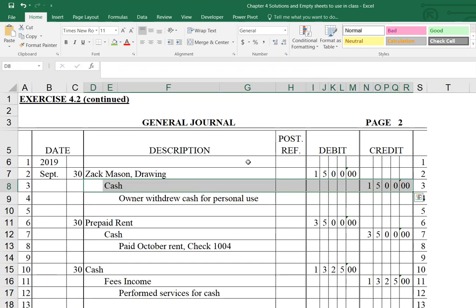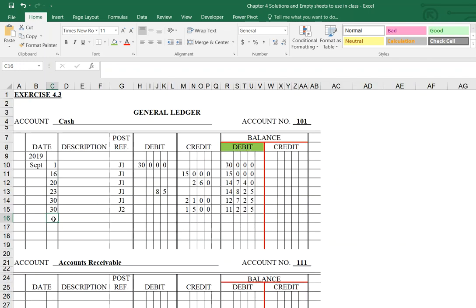Oops, wrong one here. Okay, skipping down to the next item on the 30th was we paid rent, cash for $3,500. Journal 2.